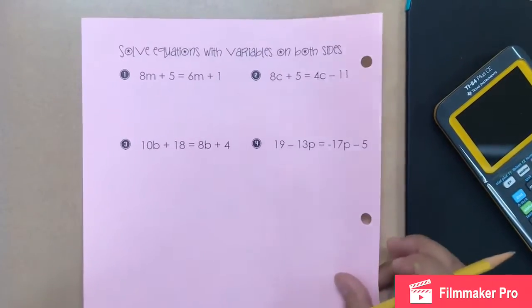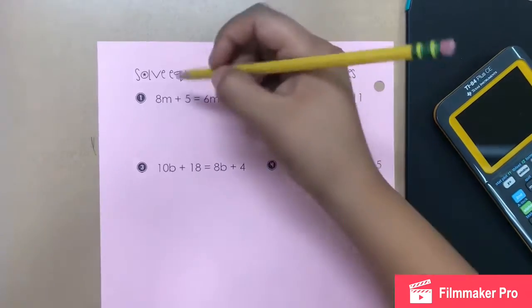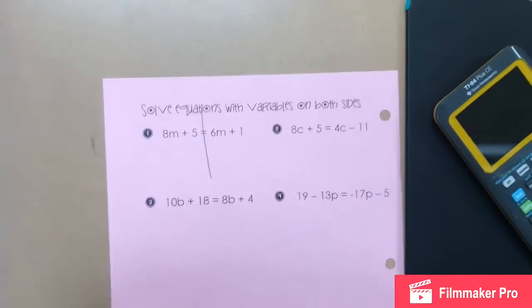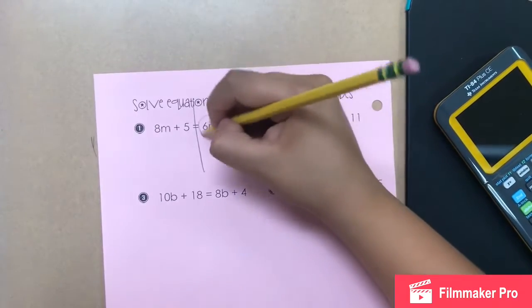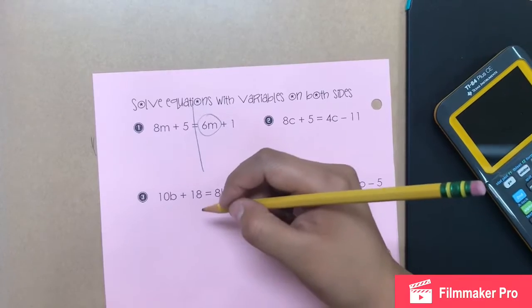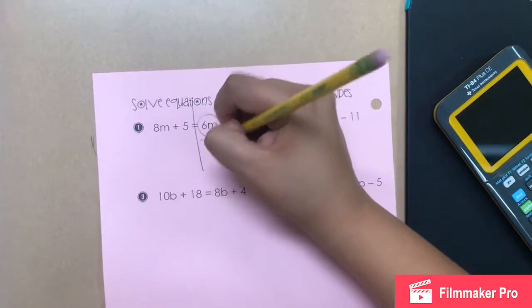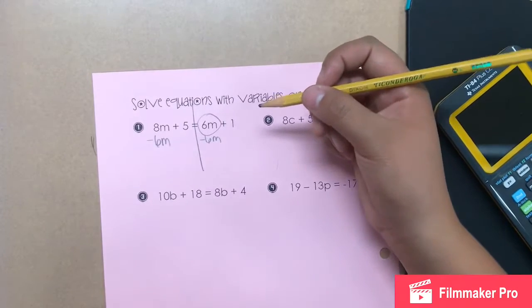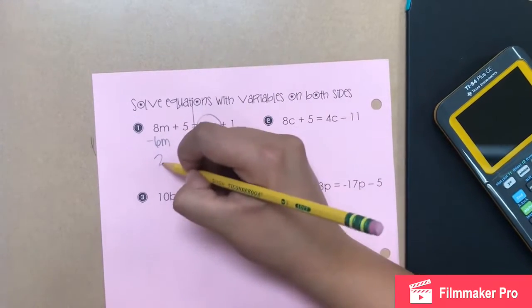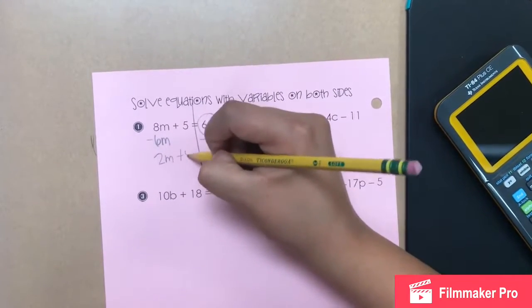Okay, for more practice, just going to go over these, okay? So number 1, there's nothing to distribute, there's nothing to combine, so I'm going to move my variables to one side. The opposite of positive 6m is negative 6m. I'm going to subtract it from the 8m because they're like terms. 8m minus 6m is 2m plus 5.